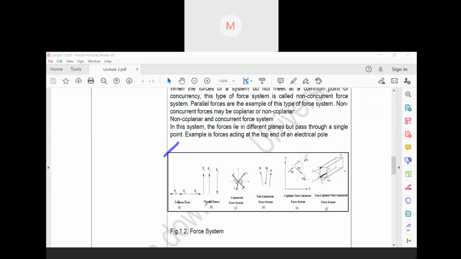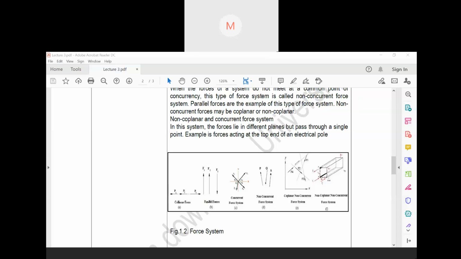First of all, we have this. This is what? Parallel, right? So F1, F2, and F3 all are parallel. So this is known as parallel forces. Now coming to the collinear.